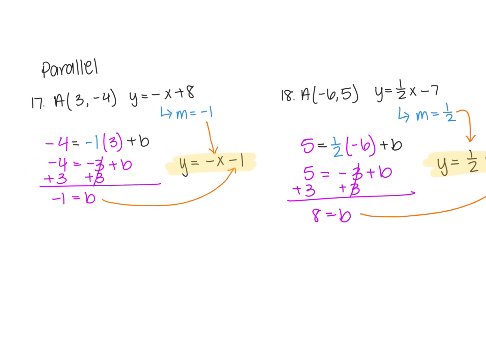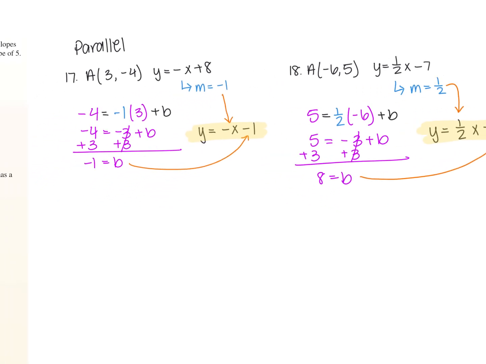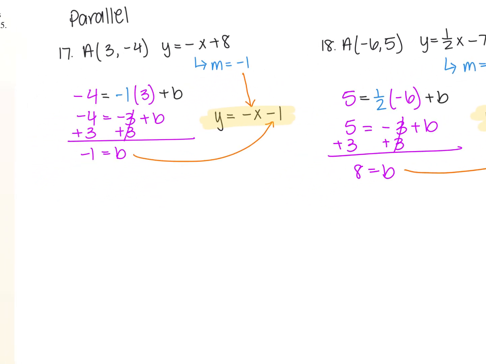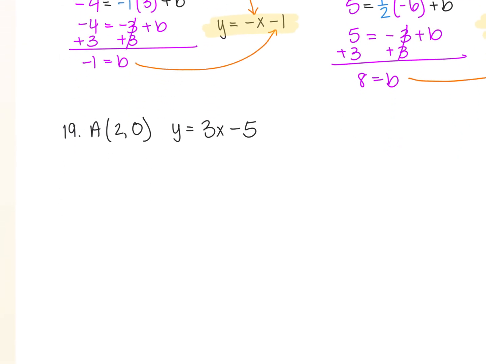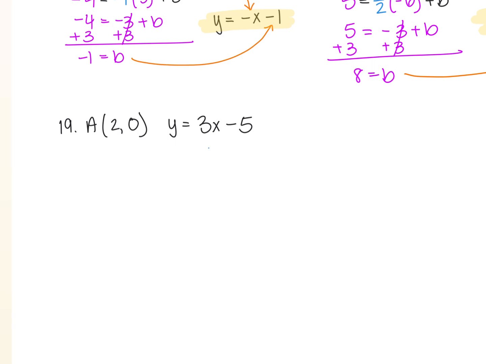All right, 19. A was (2, 0), y equals 3x minus 5. Again, it's still parallel. My slope is going to be 3. And then plugging in, I have 0 equals 3 times 2 plus b.